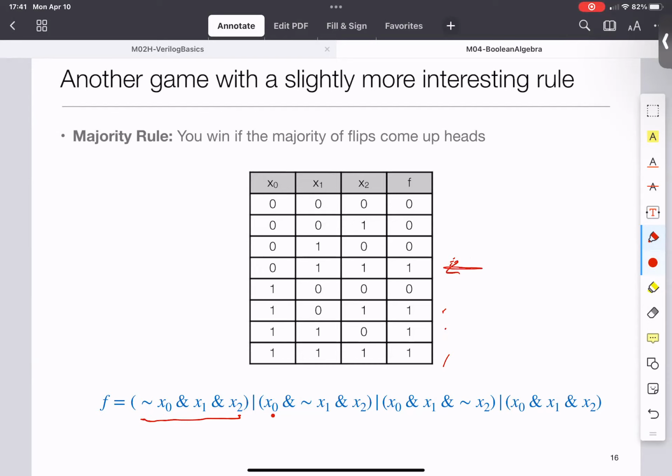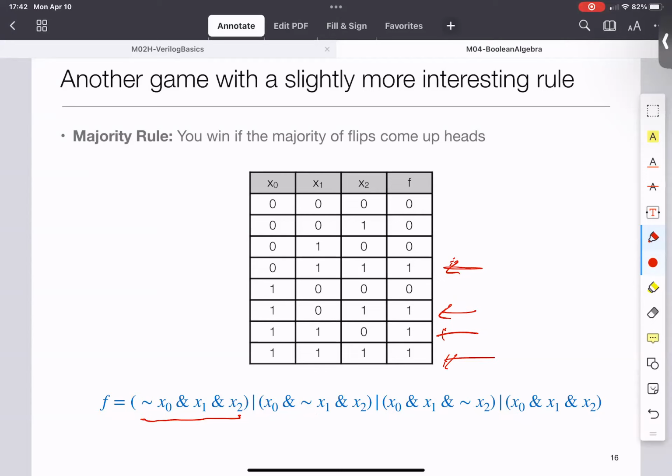The second one is saying I'm in the row where x0 is 1, x1 is 0, x2 is 1, and so 1, 0, 1, that's this one. Then the third one is this, and the fourth one, where all 3 are high, is this, and then I OR them together. I'm saying either this or this or this or this. Not the most compact way of writing this function, but it's certainly a way of writing this function.